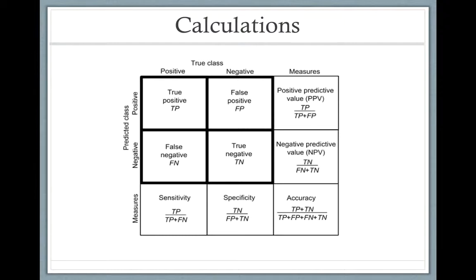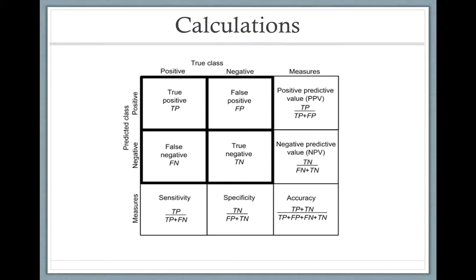In the upper left corner, we have the true positive. So those are people that have the disease that test positive. Then beneath that, we have the false negatives. So people that do have the disease but that are told that they don't have the disease.